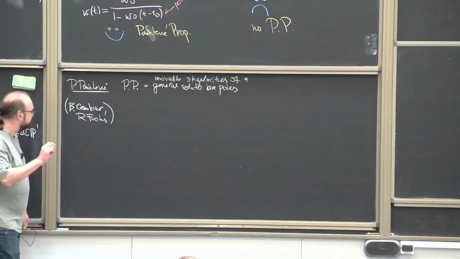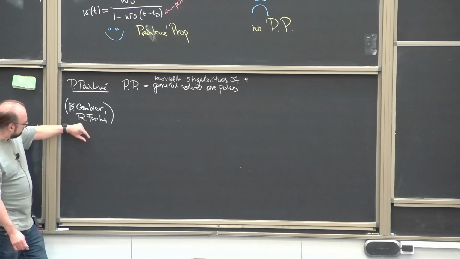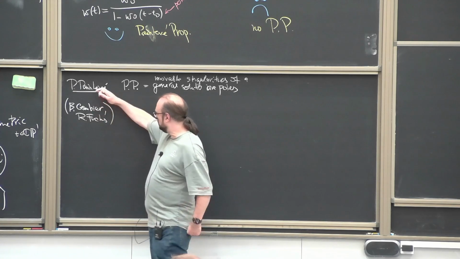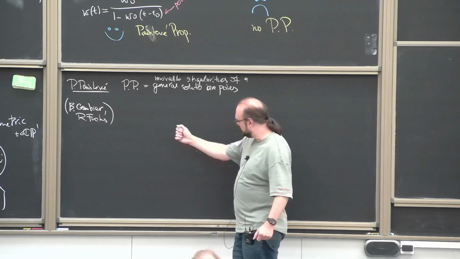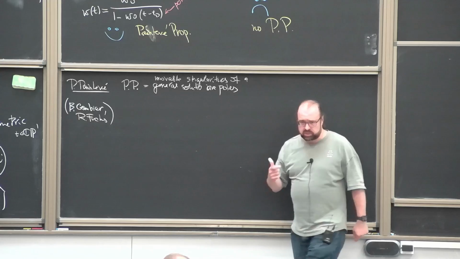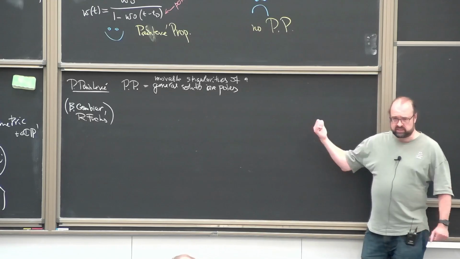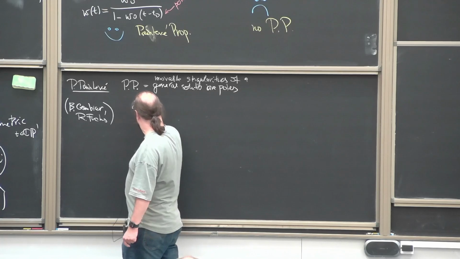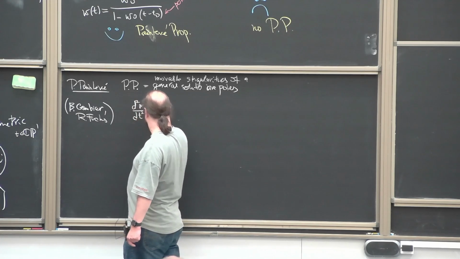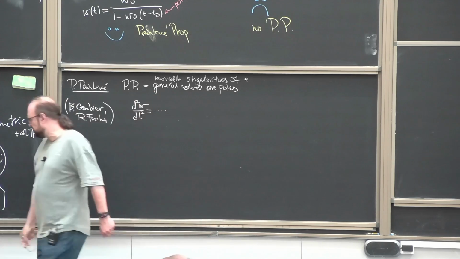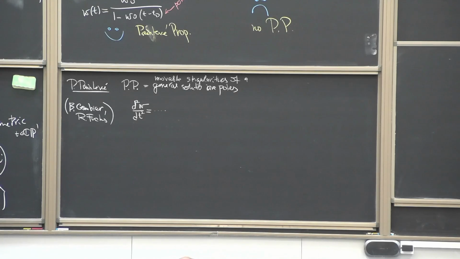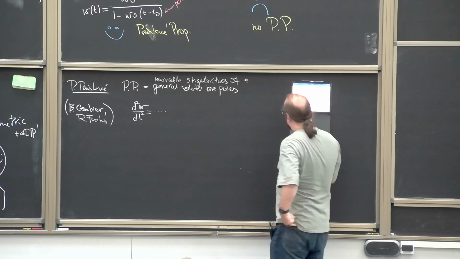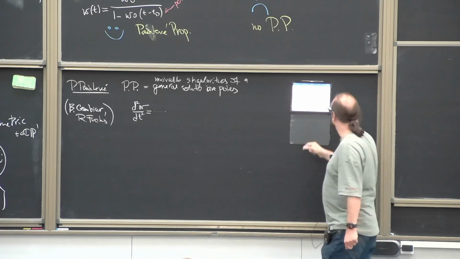Anyway, so there is a classification due to Painlevé and Gambier, and then independently Fuchs, of special second order equations that satisfy this property. So equations are of the form like this, and here you have some rational expression in w and t.